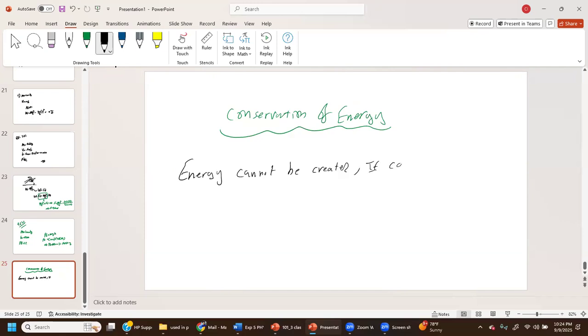It can change from one type to another. So you cannot create energy. Energy cannot be created. It can be only transformed from one type to another.